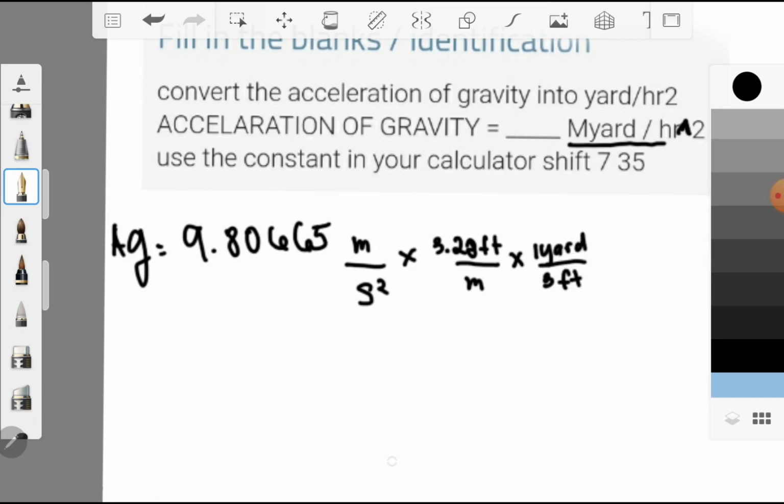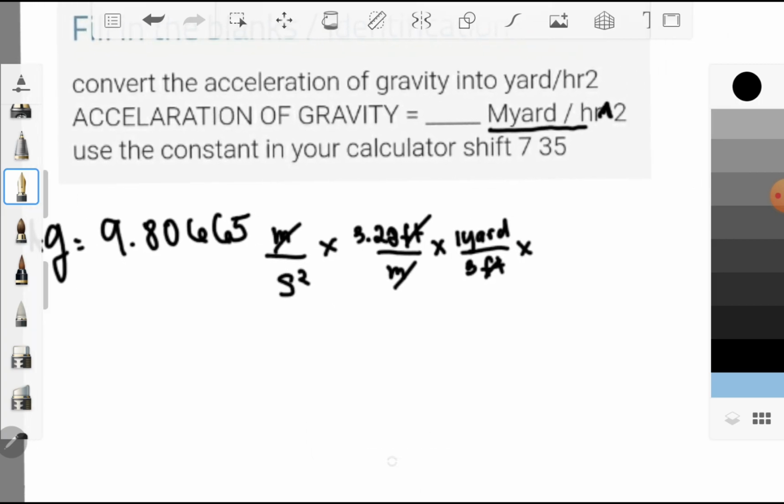Right? Okay? So, cancelling out your feet and meter, we will already have yard per second square. But we all know that in every hour there are 3,600 seconds.